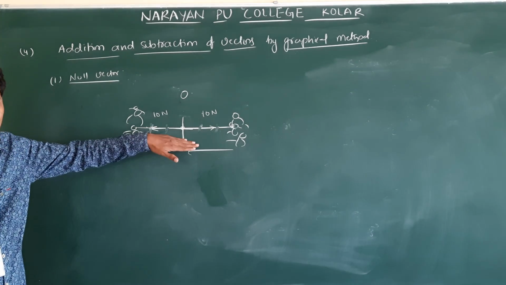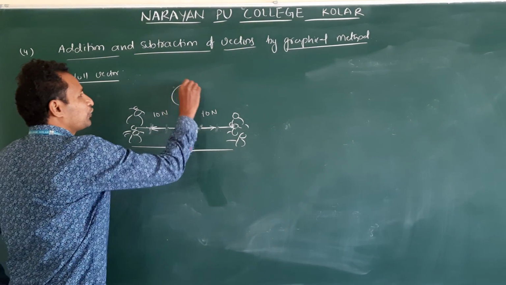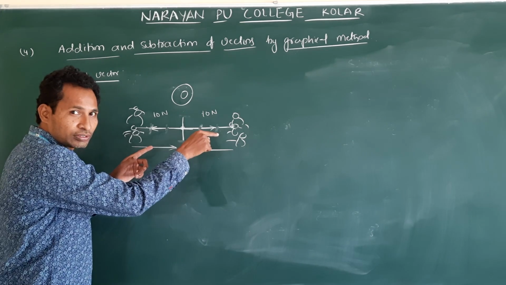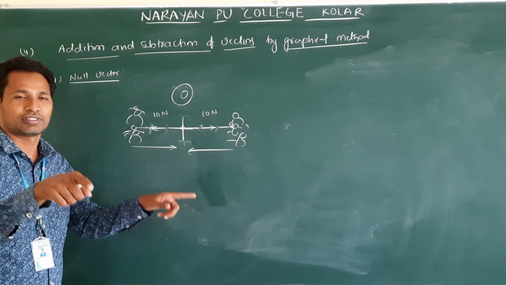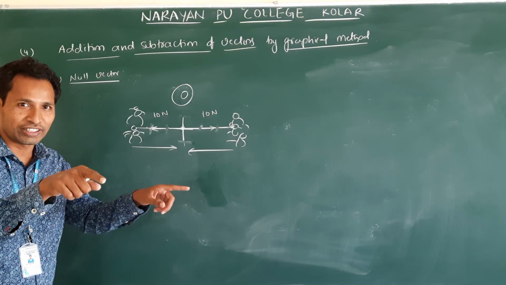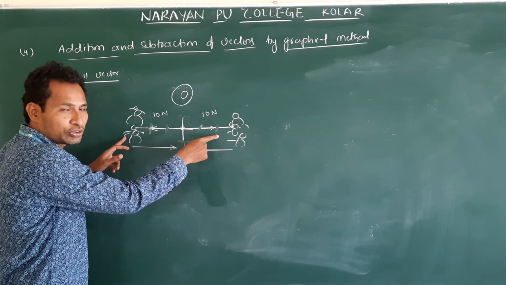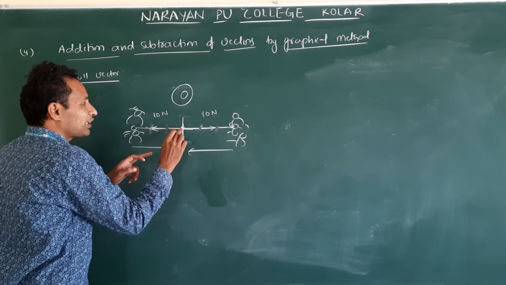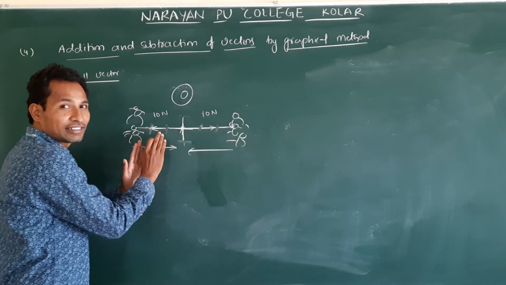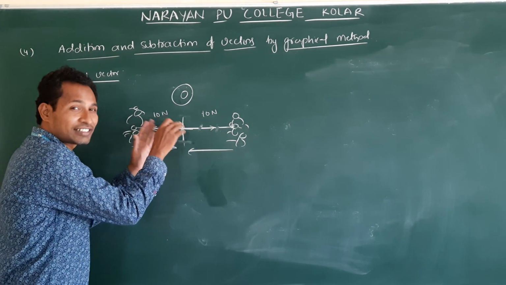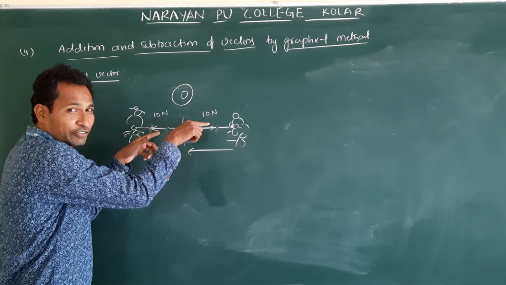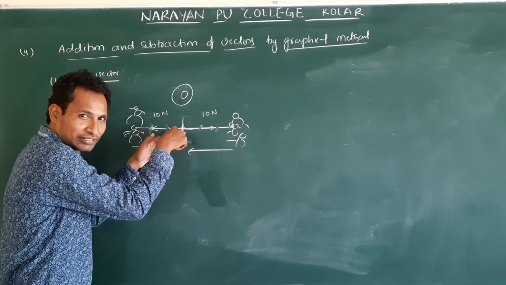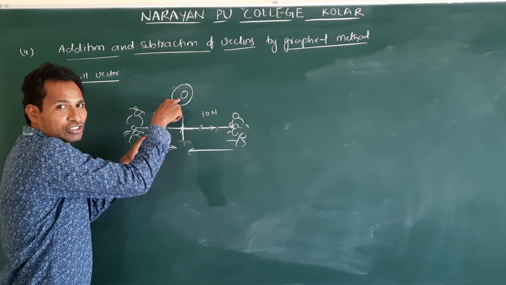These people are applying force, but if you have a mark on this thread, the mark will not move to either side. It is there at the center. There is an applied force, but there is no change in position. What does it mean? Net force is 0.